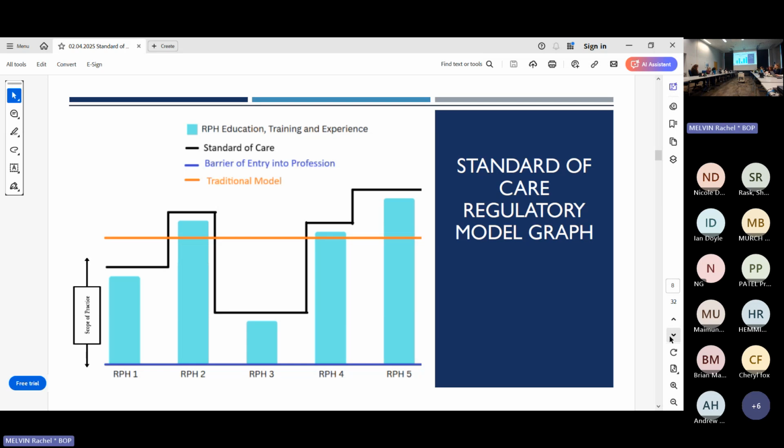And one last thing I'll point out here is the very base, I think it's purple, where you see barrier of entry into the profession. One thing I'll point out is that's oftentimes construed or communicated to represent the baseline level of competency. However, I feel it's incongruent to compare those two.